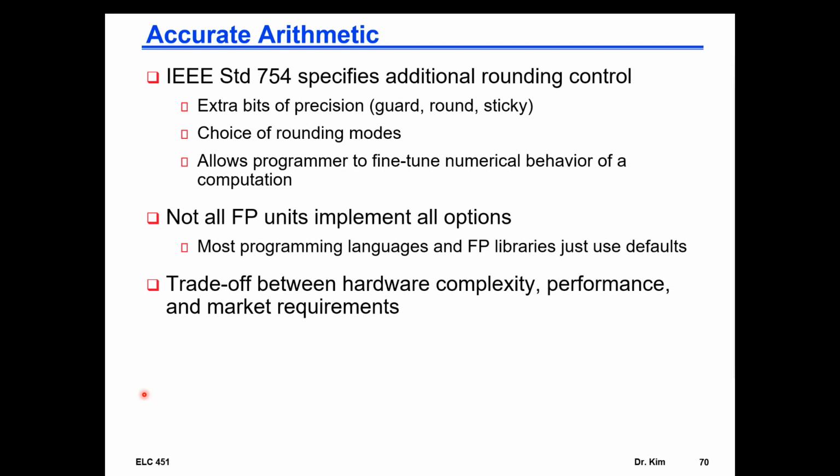So in terms of accuracy, some final notes: there is rounding control that the standard specifies, and extra bits of precision. When I show you that adder, the width of that data path is actually wider than what the standard calls for, either for single or double precision.